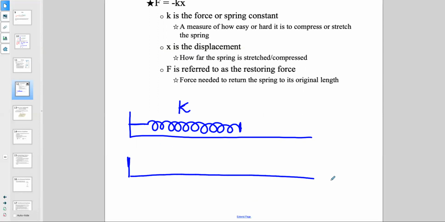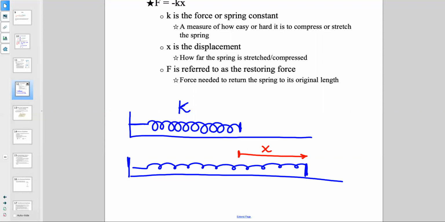But then I would try to stretch the spring a little bit, okay? So this means that the spring has been stretched by the amount of x. So we just applied some force and stretched the spring, and the displacement is x.